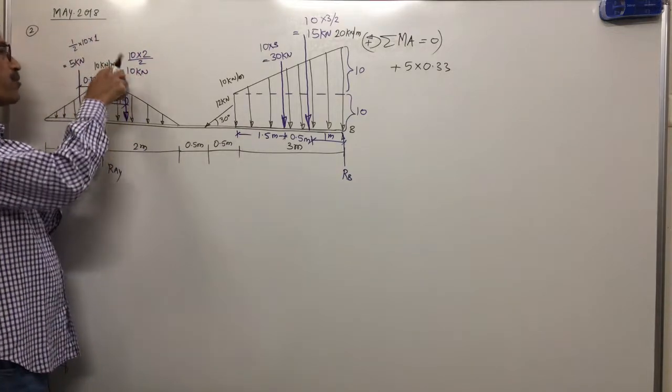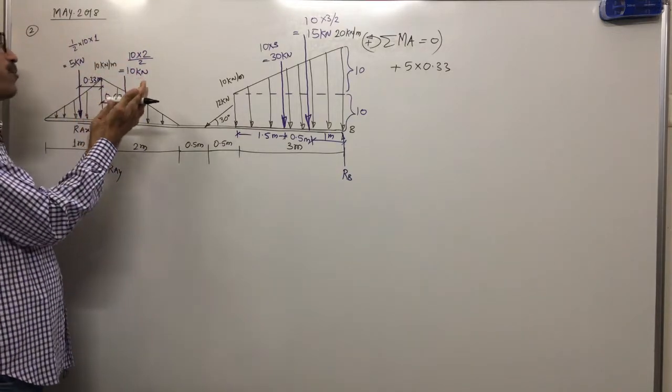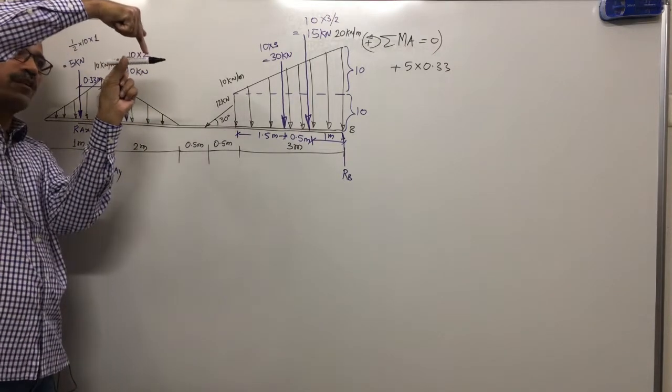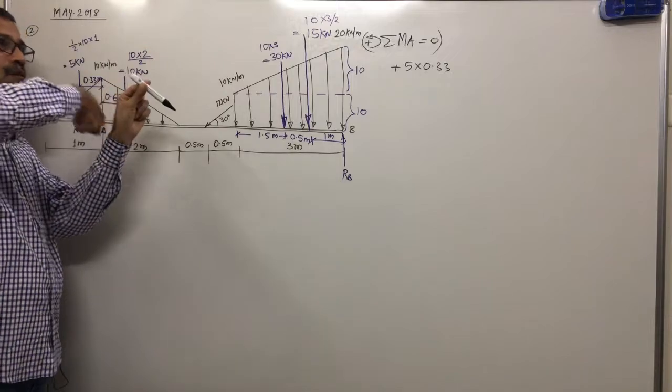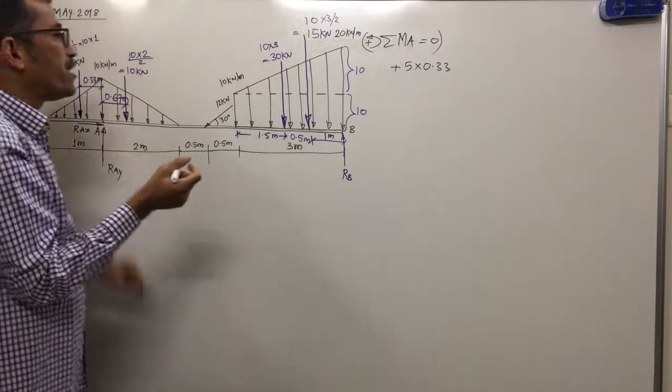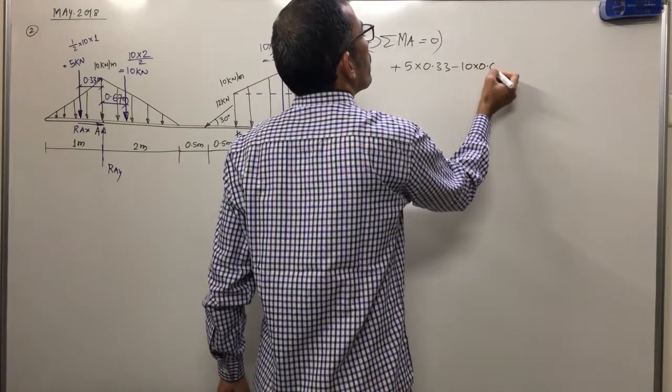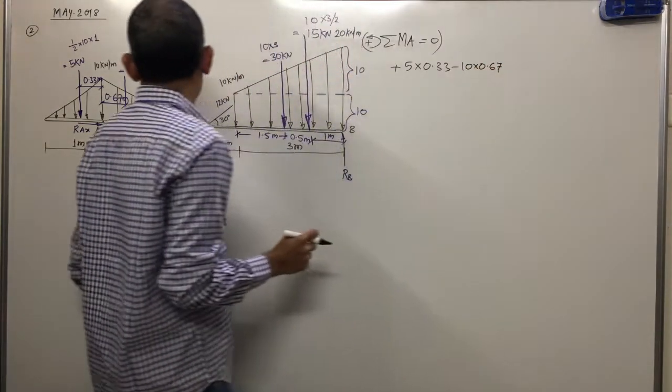Next, about point A, if you take moment of 10, the force is on the right side. How will this bar rotate? Clockwise. Minus 10 into 0.67. Clear? Yes.